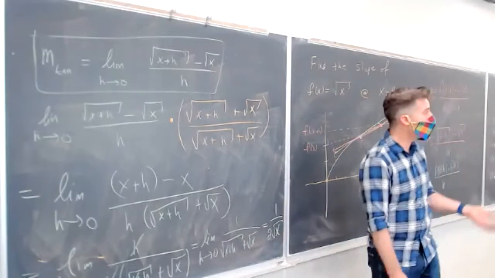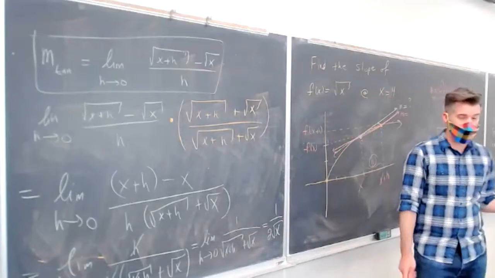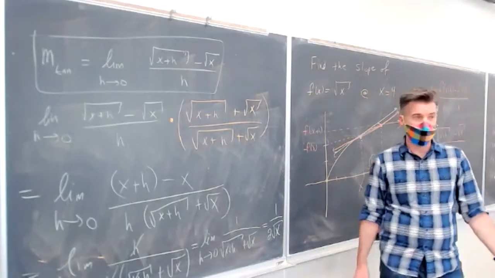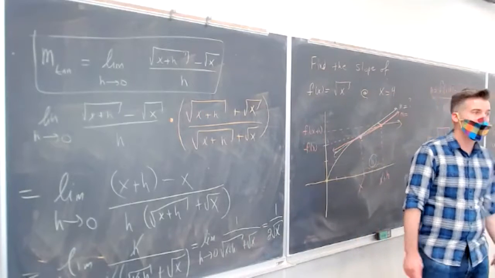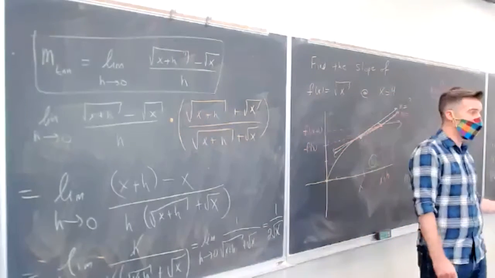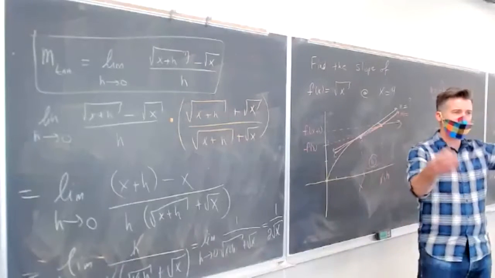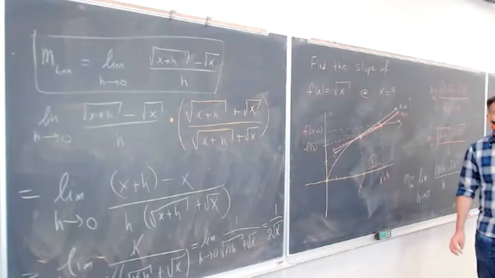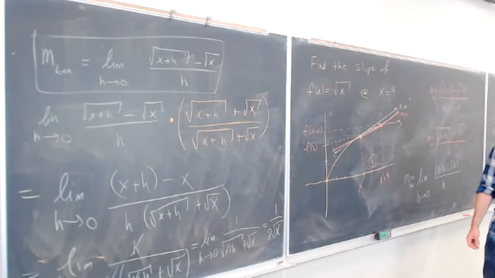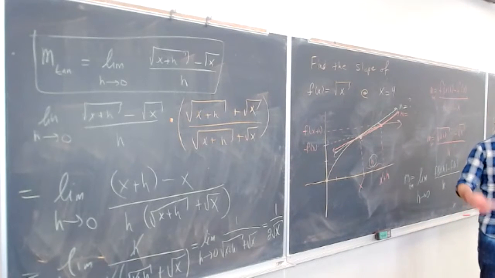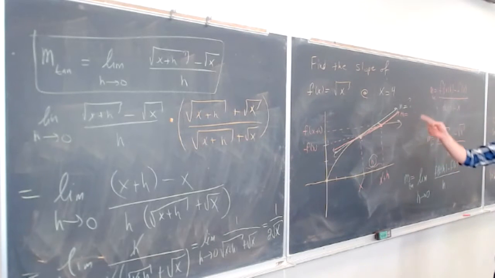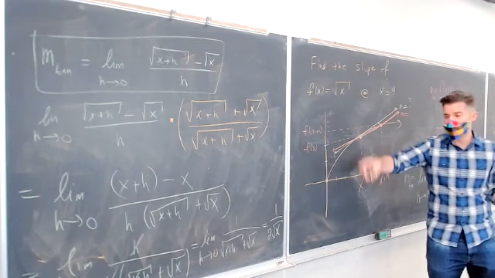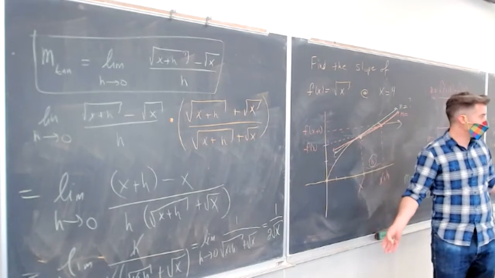And if you're familiar with the power rule, you will observe that this still is following the power rule. Right? We just showed that the derivative of x to the 1/2 is 1/2 times x to the negative 1/2. If you're not familiar with the power rule, you're going to be eventually, so don't sweat it. All right, so we just showed that for any point on this curve, the slope of the tangent line is 1 divided by 2 times the square root of the x value.